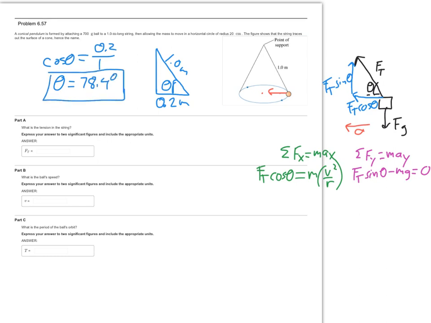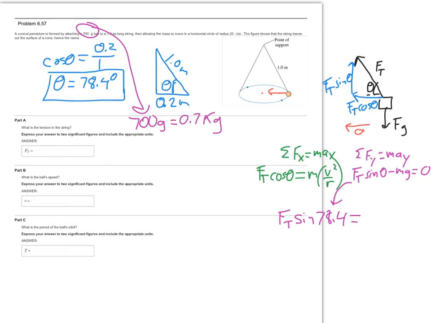Now that I have that angle, I can use it over here in my F equals ma. I'm still missing a number of things in my x, but I can solve for some things using my y side. So I can say F_T sine of 78.4 equals my mass, and I have a mass of 700 grams, which is equal to 0.7 kilograms, so 0.7 times 9.8.